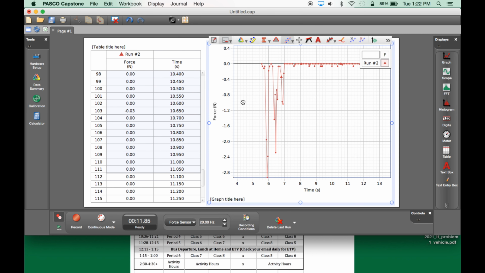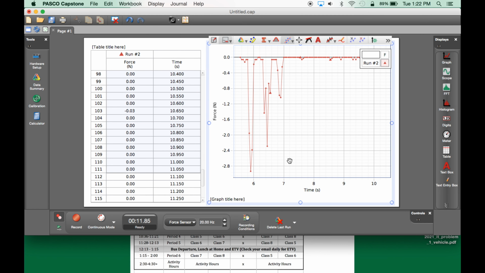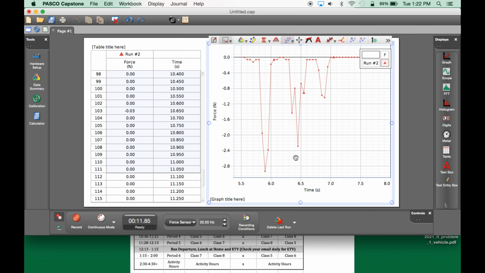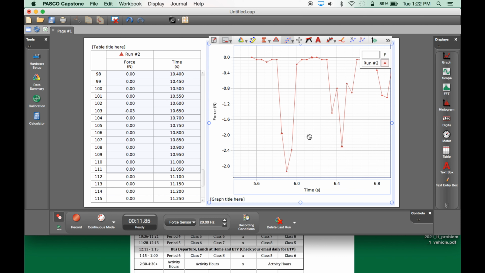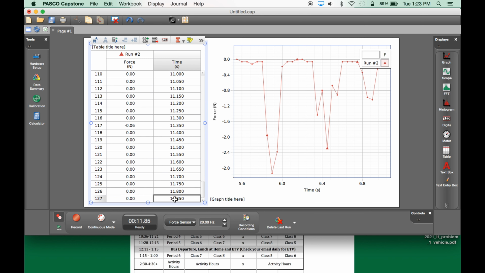And we do want that first bounce. And we can get rid of pretty much any of the data after this time. So about 6.2 seconds. Anything after 6.2 seconds we really don't need.